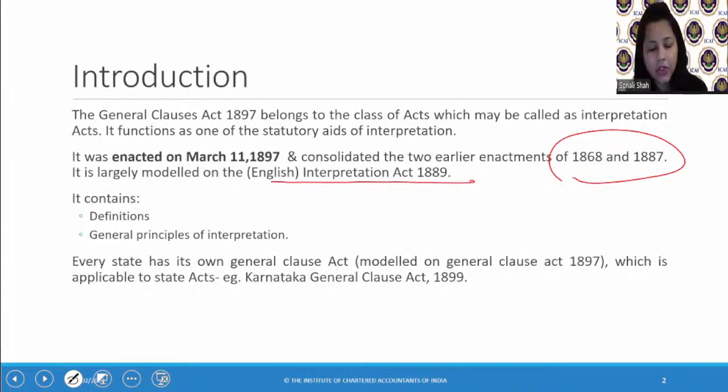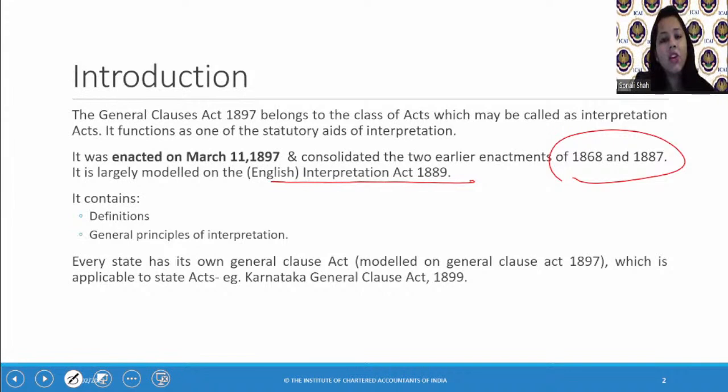Now, this General Clauses Act of 1897 is the central act, and it is applicable on every central rule and regulation. Similarly, we have State General Clauses Acts also, which are used for state acts. Like there is a Karnataka General Clauses Act, there is a Maharashtra General Clauses Act. Wherever a definition is required for a state law, or aid is required in interpretation of state laws, we seek out the State General Clauses Act.